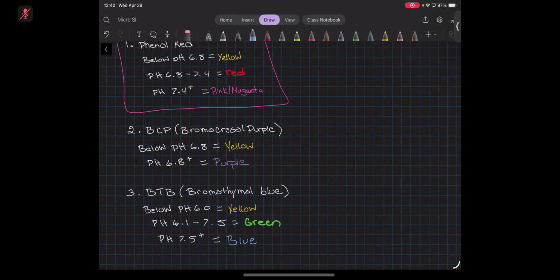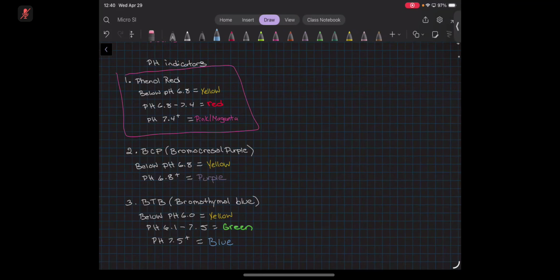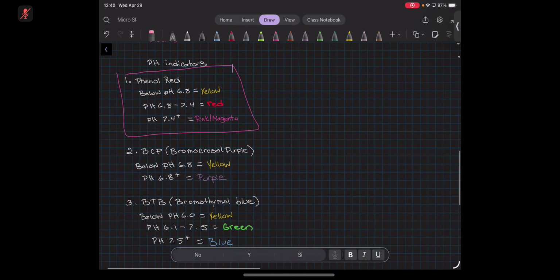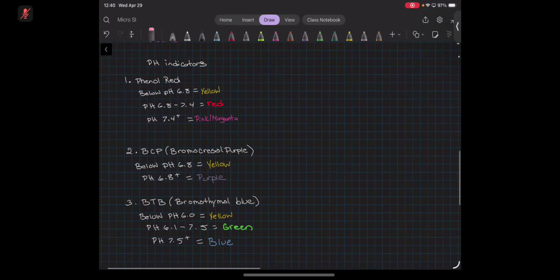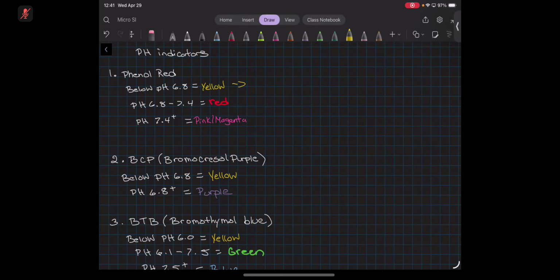Okay, so going back to 1, yellow. What does yellow mean? Very good. So did that ferment or non-ferment? Why do you draw that conclusion from that?